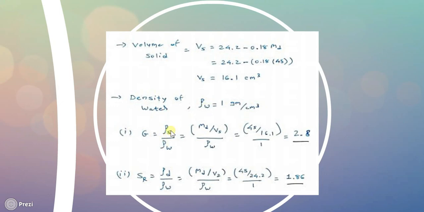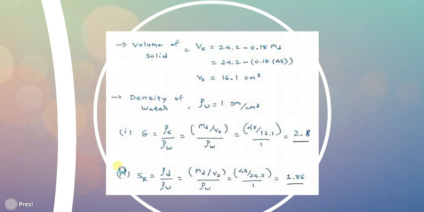So density of solids upon density of water. For rho s, I can put MD by Vs, mass of solids upon volume of solids, divided by rho W. We know the rho W value, and we now know the MD value as well as the Vs value. So I get capital G, the true specific gravity, as 2.8.